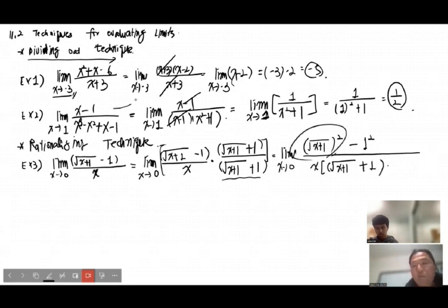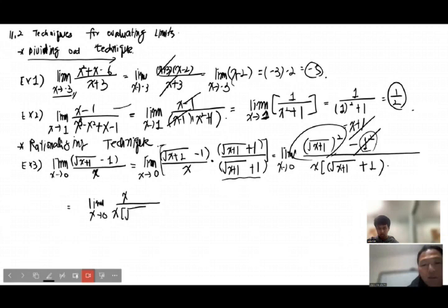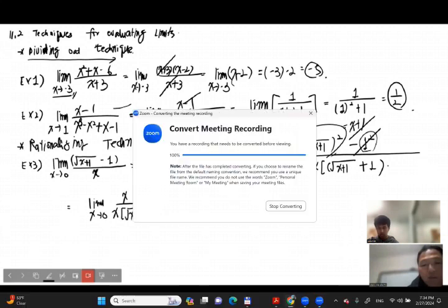The first term in the numerator is x + 1, and the second term has a minus sign, so 1 cancels out. Only the x term is left: x over x times (square root of x + 1 plus 1).